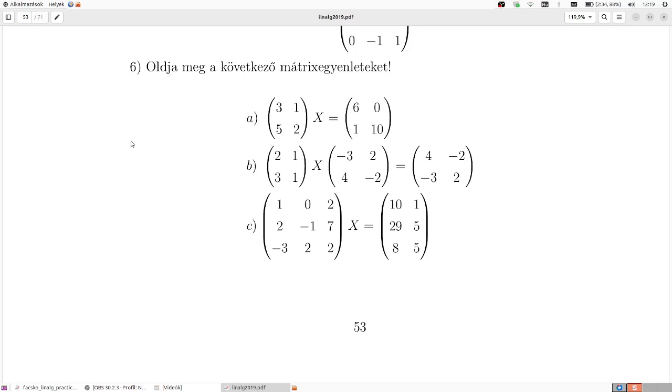So this is the inverse of A. I hope so. I am not really confident. So I just do the multiplication.